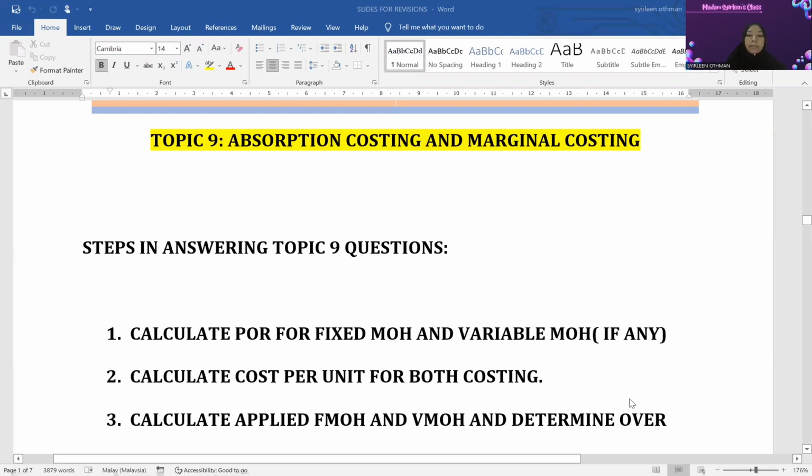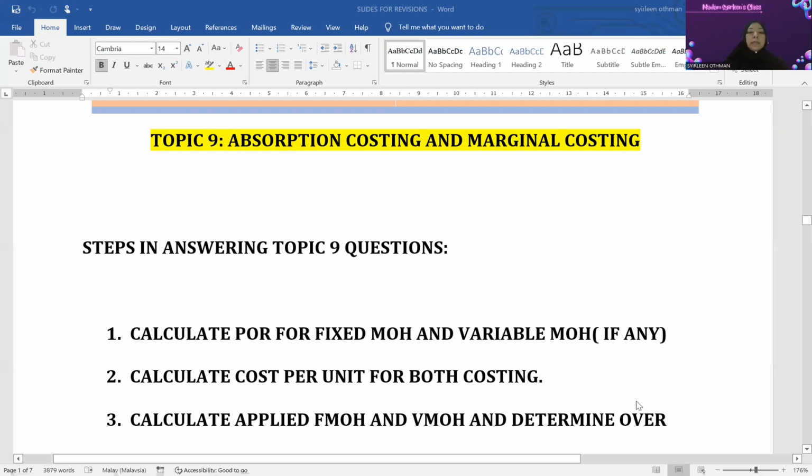After that, we are going to do the adjusting entries for the over apply or under apply overhead in the COGS sections. And then only we are able to get the gross profit or the contribution margin.